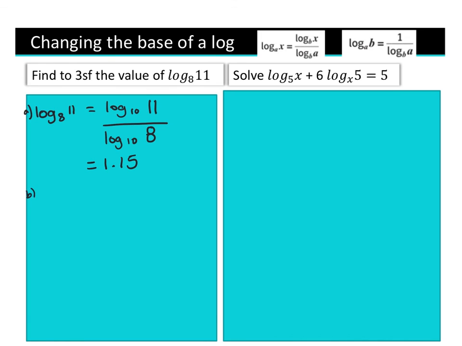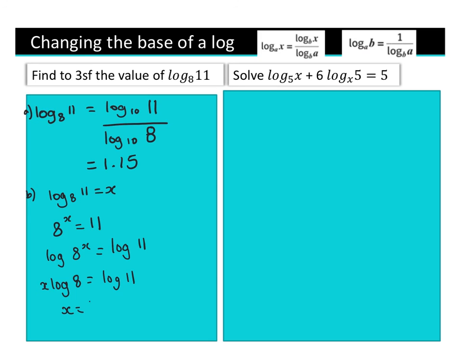The other way we could have shown this, okay, this is one way. Another way we could have shown this is simply this. Log to the base 8 of 11 equals x. We could have written this as 8 to the power of x equals 11. We now take log to both sides. So log 8^x equals log 11. x log 8 equals log 11.